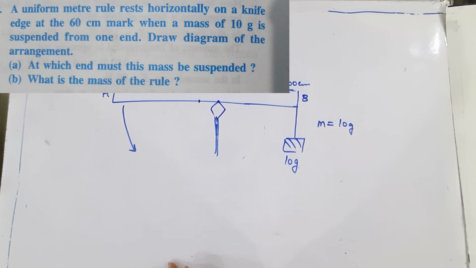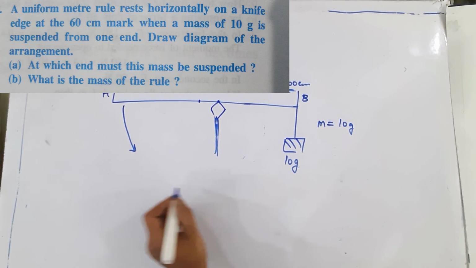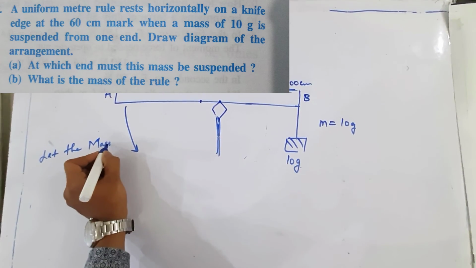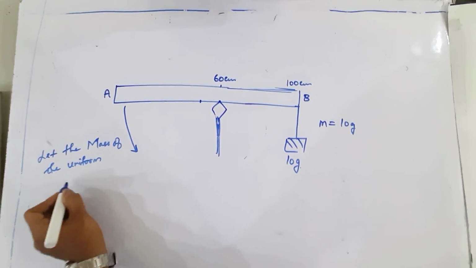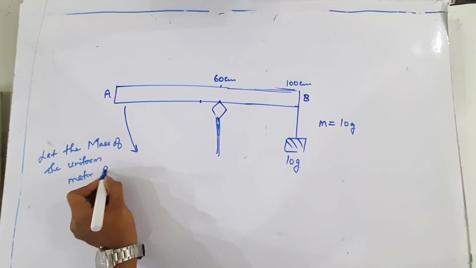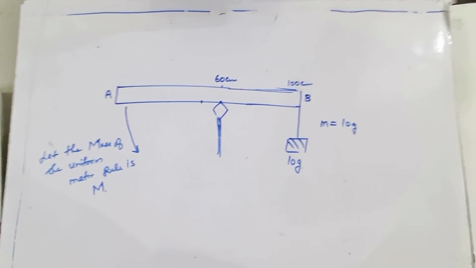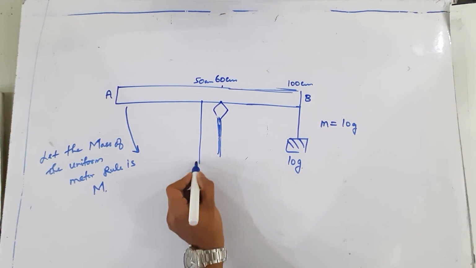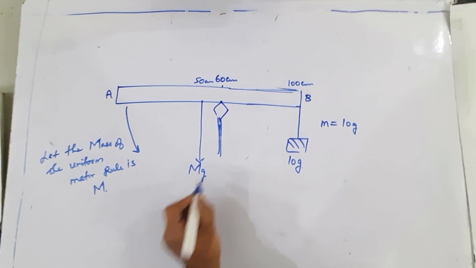So do you know at which point the weight of the meter rule will act? So obviously we know that the weight of a body acts at the center. So let the mass of the uniform meter rule be capital M. So here the weight will act at the 50 centimeter mark vertically downward, and it is mg.